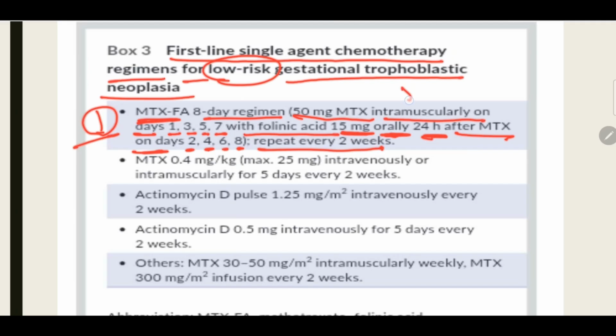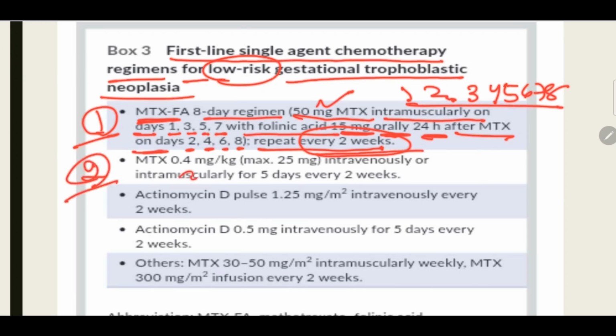On day 1, she will receive methotrexate injection 50 mg IM. On day 2, she will receive tablet folinic acid 15 mg, 24 hours after the injection. On day 3, methotrexate. On day 4, folinic acid. Then 5, 6, 7, 8. Repeat those cycles every 2 weeks.